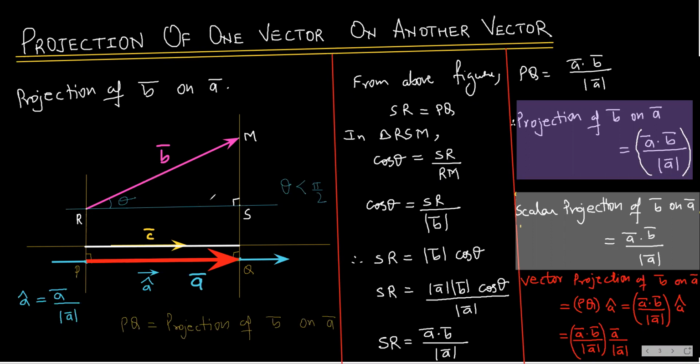Though the vector C bar was smaller in length, having lesser magnitude than A bar, that will not make any difference on the projection of B bar, given the condition that C bar is also in the same direction as A bar. So the projection of B bar does not depend on the length of the vector. Whatever be the length of the vector, it will always remain the same.